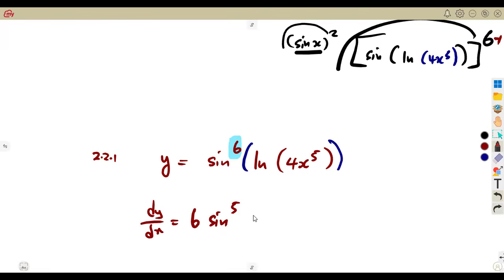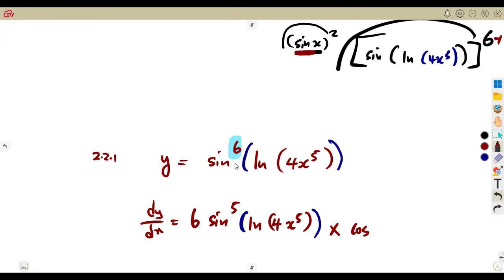So it's going to be the ln of 4x to the exponent of 5 as it is. What are you going to do after focusing on the power like this? Remember, you're going to differentiate the sine on its own. What is the derivative of sine? Sine will change to a cos.